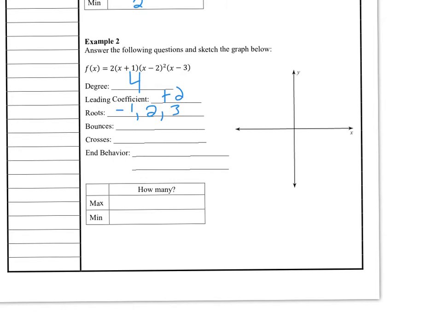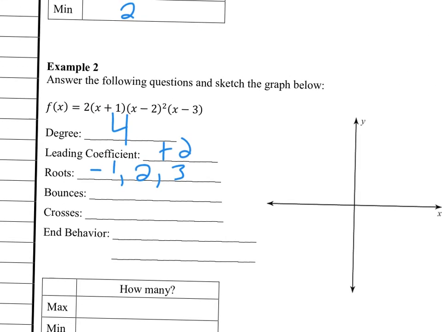We simply find the roots very easily by setting each factor equal to 0. So you could write x plus 1 equals 0, x minus 2 equals 0, and x minus 3 equals 0. That came from each one of these factors. So when you subtract 1, you get negative 1. When you add 2 over, you get x equals 2. And when you add 3, you get x equals 3.